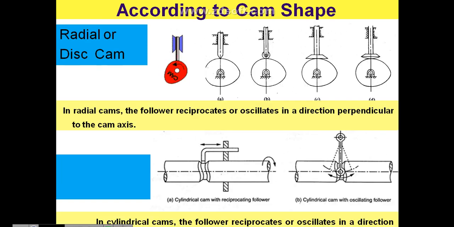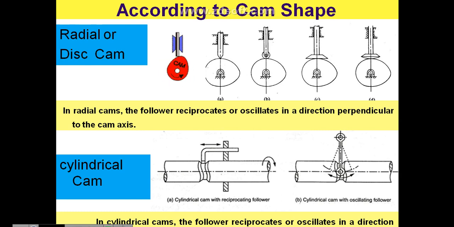Then the next one is the radial or disc cam. As we have already seen, there is a cam with a unique profile that rotates on the camshaft. The suspended follower is going to move up and down. Then the next one is the cylindrical cam. You can see in the picture a cylinder-like cam having a grooved portion.